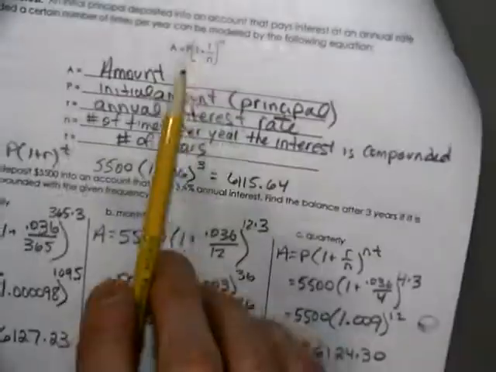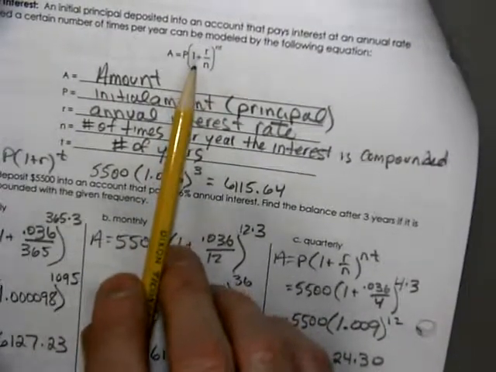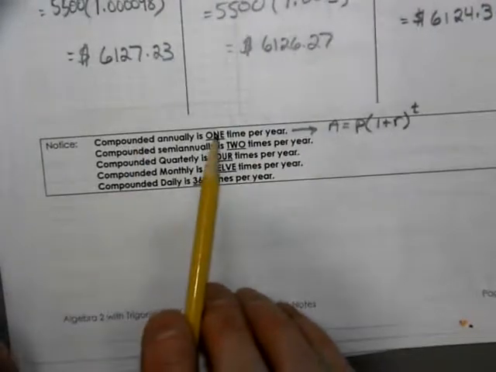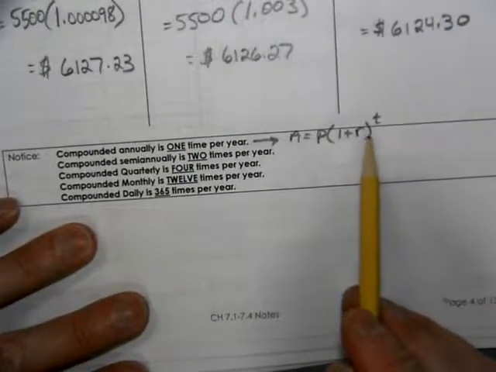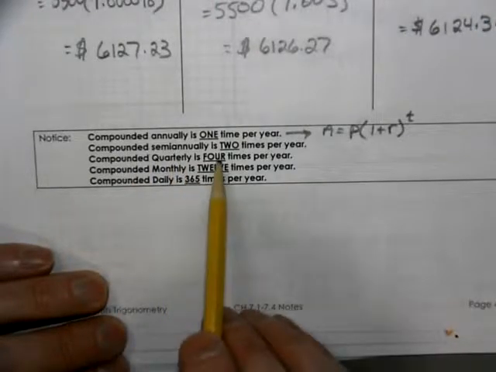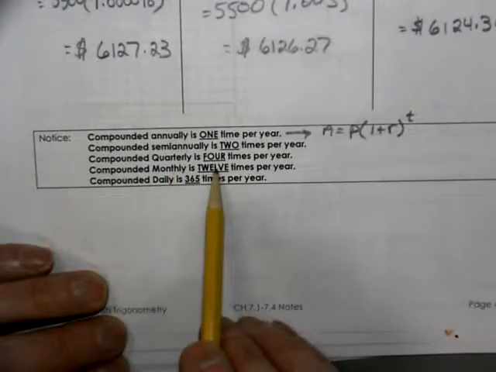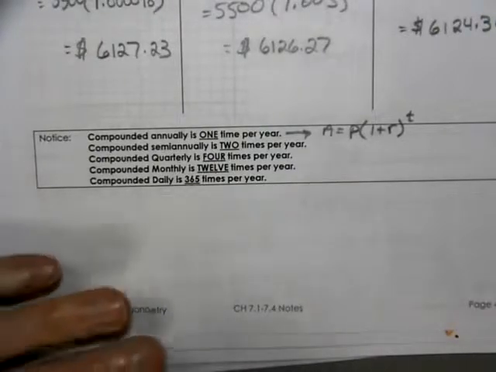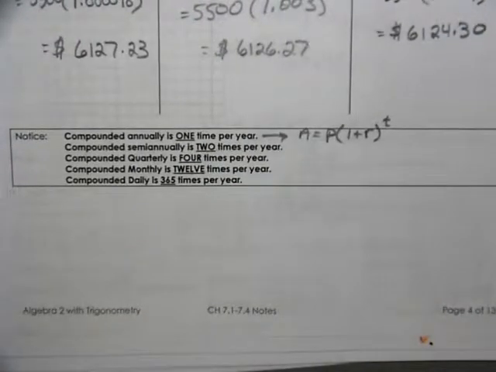And that's when we need to use this formula if it's compounded. This is annually compounded once, so really would be dividing by 1. Compounded twice. If it's quarterly, it's 4 times. Monthly, 12 times. Compounded daily. In the future, we're going to talk about compounding continuously. But that's for a different lesson.